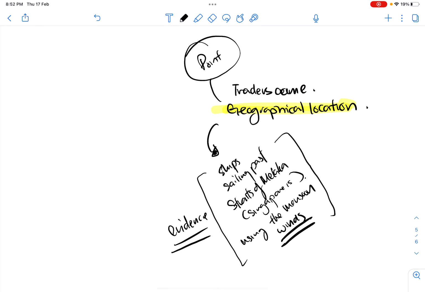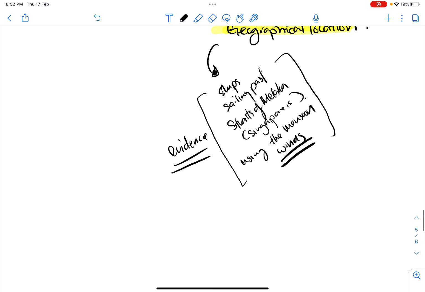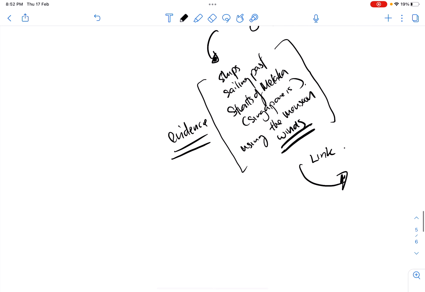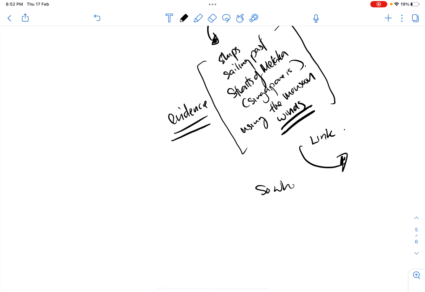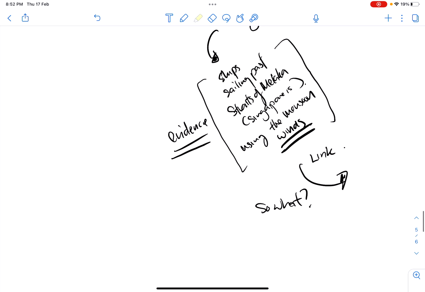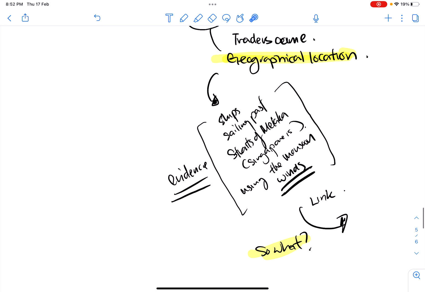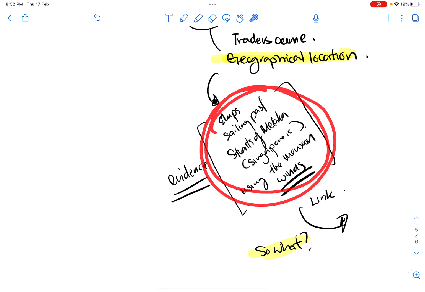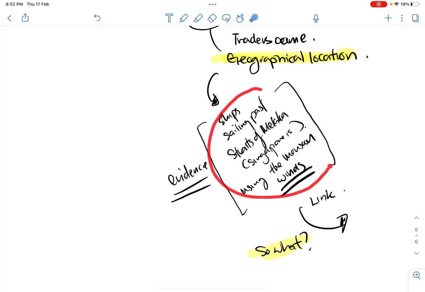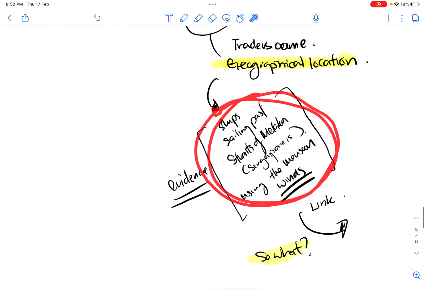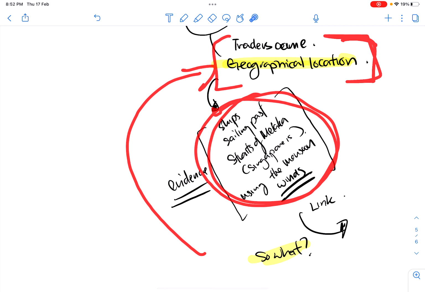So now, just like in the previous example, you have to draw the link. Okay, so what? The question again is, so what? So what if the ships are using the monsoon winds and sailing past the Straits of Malacca? How does this imply that traders came due to the geographical location?